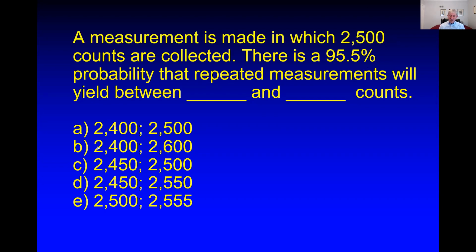That would give us 2,400 to 2,600, and that would be the correct answer. Okay, everybody follow? Take the number, figure the square root, double it to get 2 sigma, and then add and subtract that number, the 2 sigma, to get this 2,400 to 2,600.